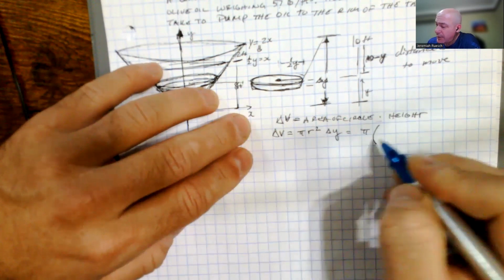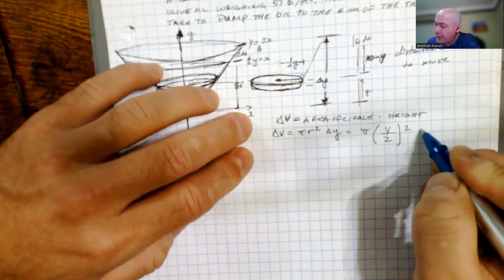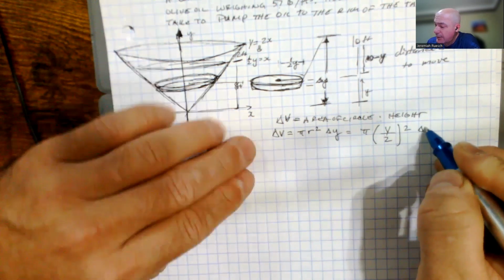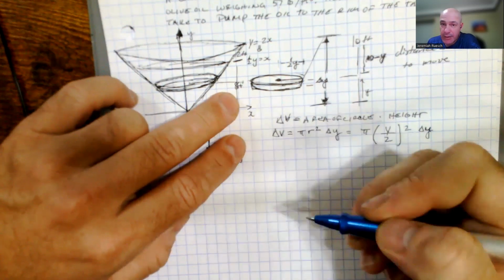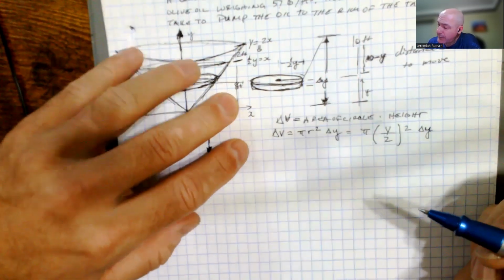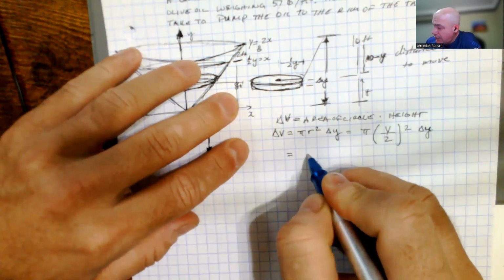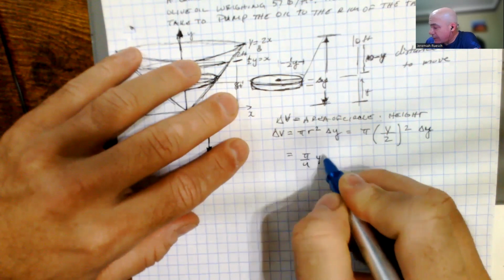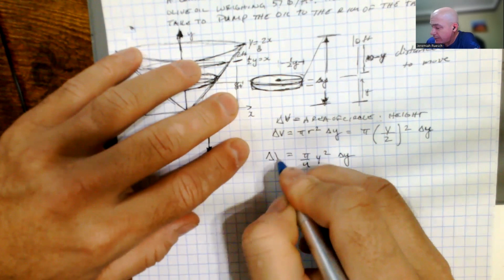We have pi (y/2) squared as the radius term, and then delta y will be the infinitesimal height, just a small change in height there. If we simplify that, what do we get? Looks like pi over 4 y squared delta y. So this is the volume, delta v.